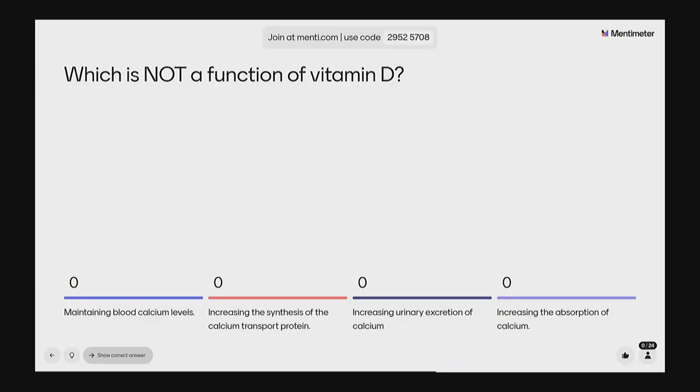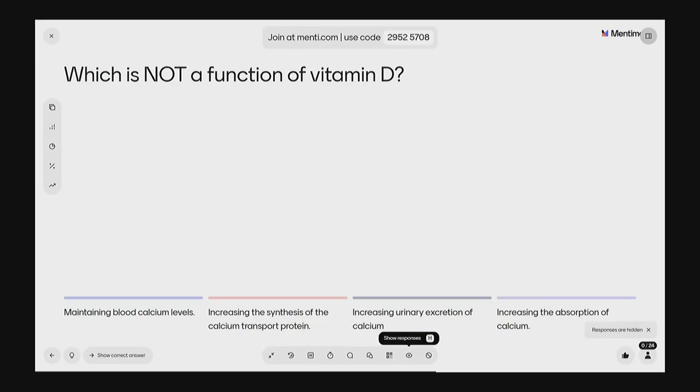What is not a function of vitamin D? Which of these ones is not a function of vitamin D?